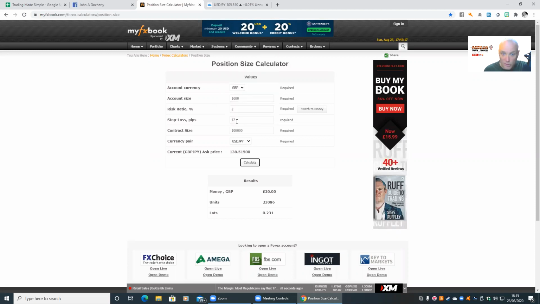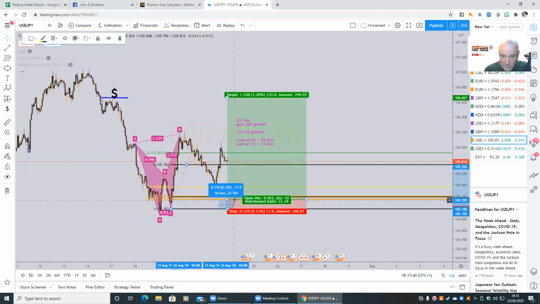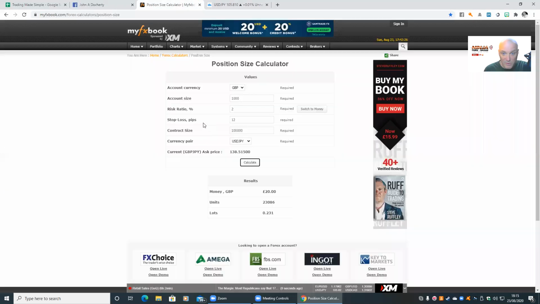Measure your stop loss, okay? Again, measuring tool. Measure your stop loss. You've got that in there, around about 12 pips. We put the 12 pips in. Calculate. On this instance, it's going to tell you here 0.23. Forget about the 1. I will just take it down to the nearest first 2 digits. On this instance, it's 0.23.